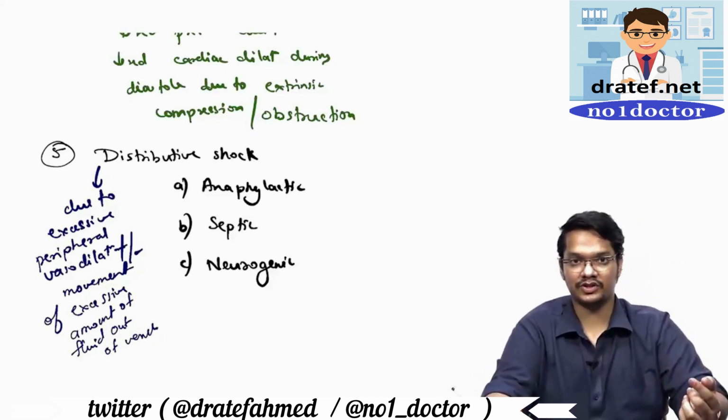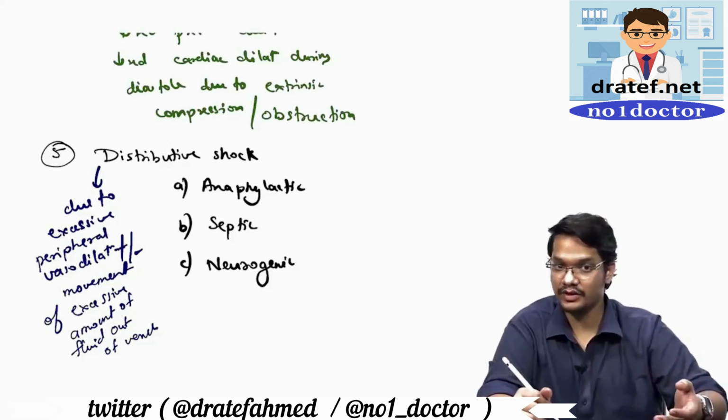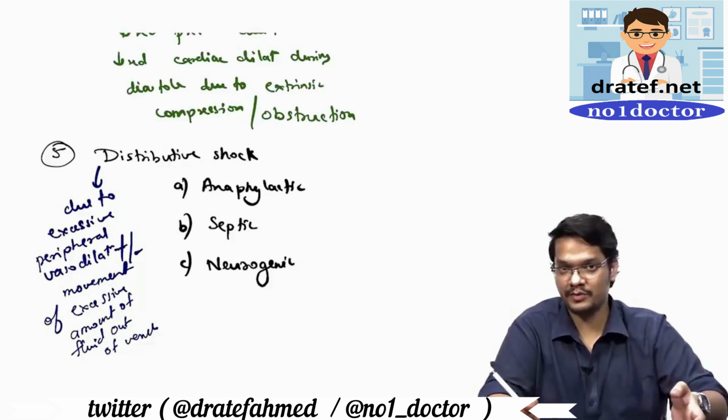There will be excessive vasodilation which will always be present, and it is present in anaphylactic as well as septic as well as neurogenic shocks. Okay. So this peripheral vasodilation will always be present.